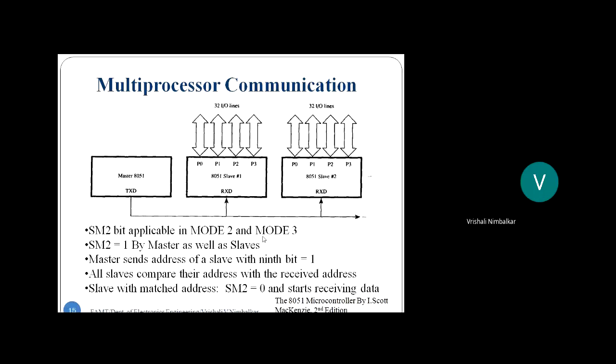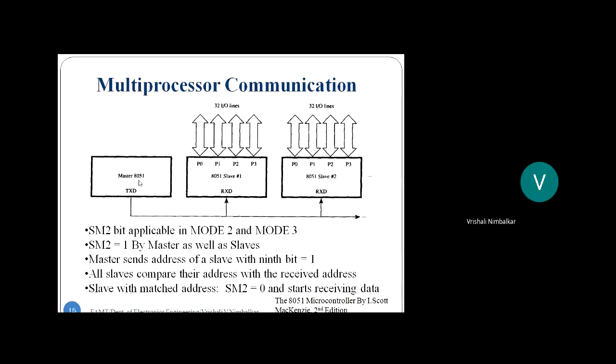Okay. Now, to activate multiprocessor communication, the SM2 bit in SCON should be set. Right? And then, since one is a master and the others are slaves, the master will be transmitting data. So it is the TXD pin which will be used by the master, and the remaining microcontrollers will be receiving the data.